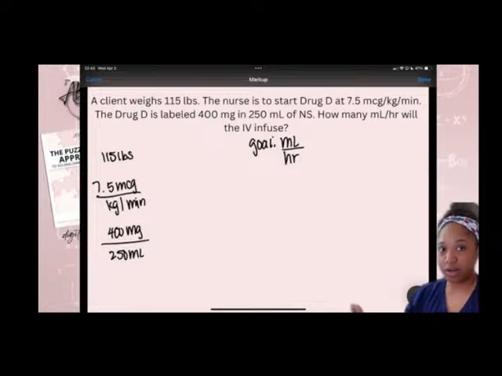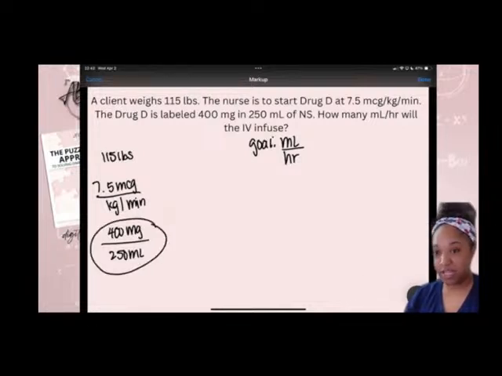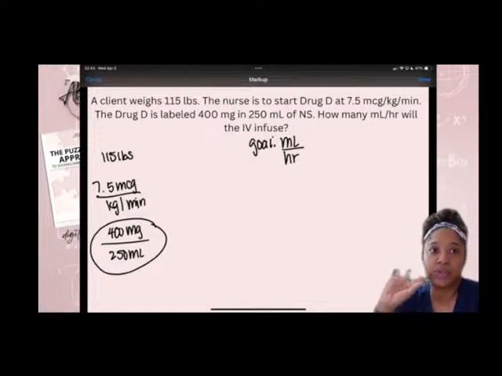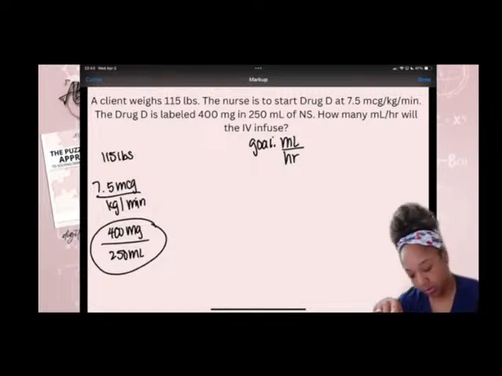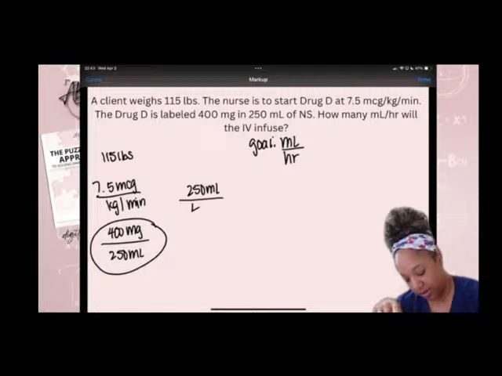We're going to start with our milliliters, right? So this puzzle piece has the milliliters in it. We're going to flip it, okay? Because we always start with that top goal. It's first and it's on the top. So 250 mL over 400 milligrams.